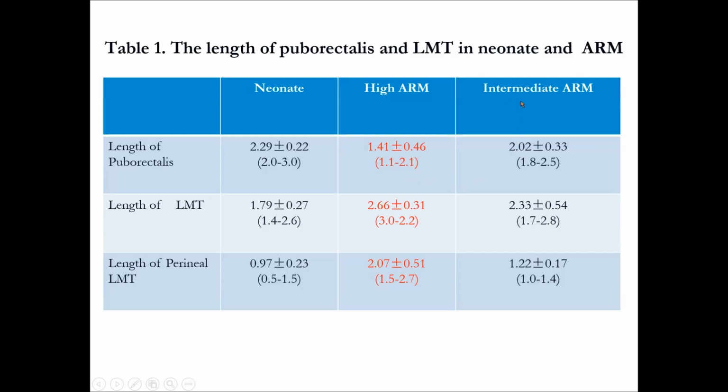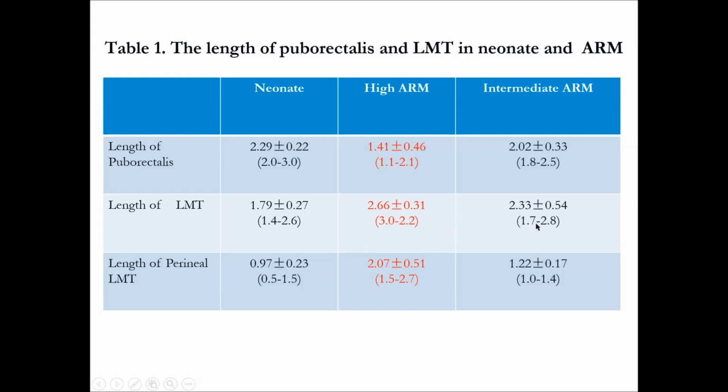In the intermediate ARM, the length of the puborectalis is about 2.2 centimeters. The length of the longitudinal muscle tube in normal is about 1.79 centimeters. However, in high ARM, the length of the longitudinal muscle tube is 2.66. It's significantly longer than normal.